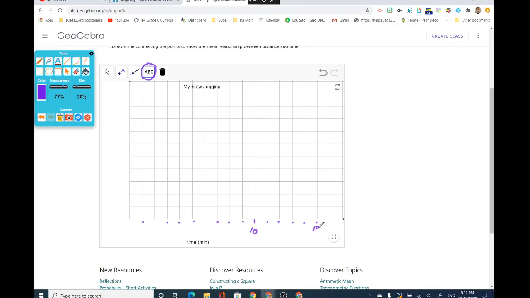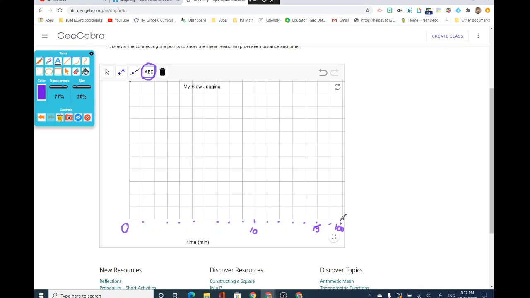There's 15, but we need to go to 100. 16, 17. Oh no, now we need to go to 100. So that means each tick mark is not going to be 1 minute. We need to go out to 100 minutes, because our scale is going to go from 0 to 100 minutes.